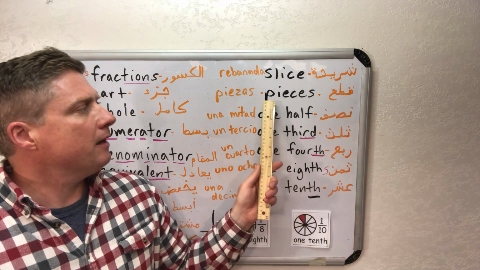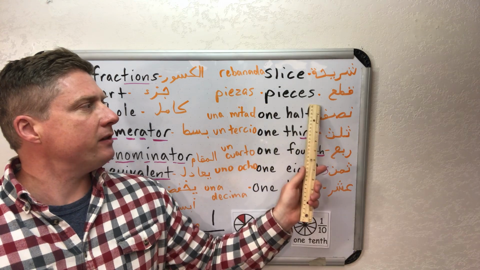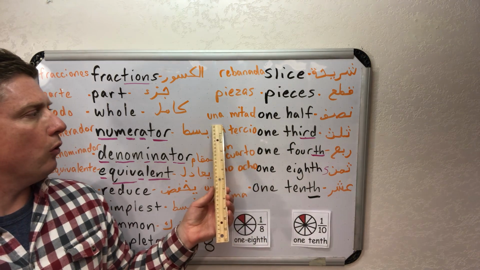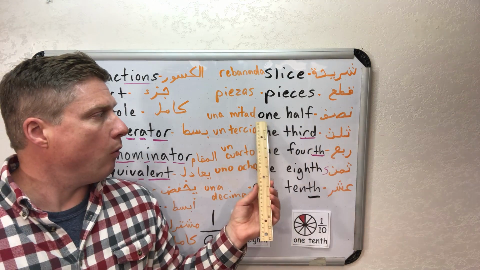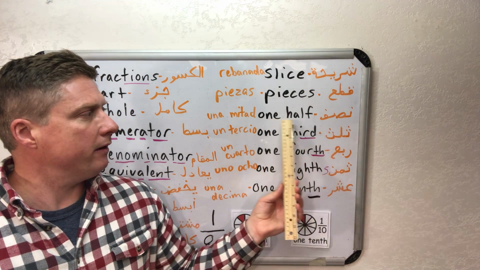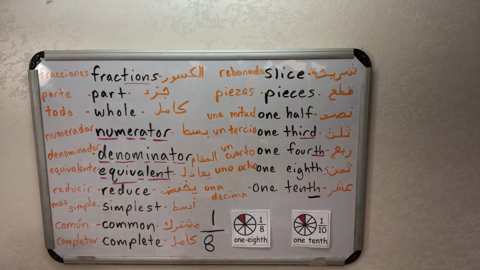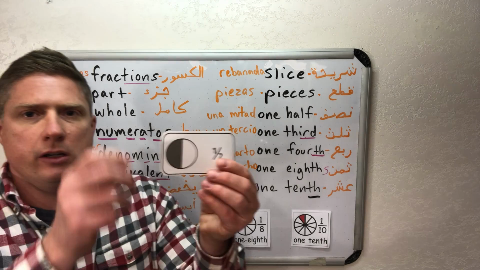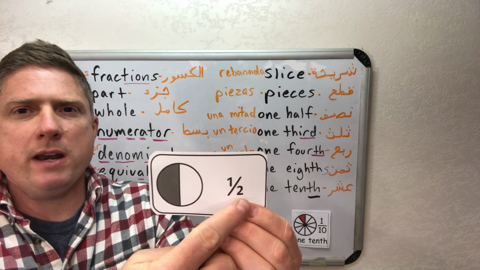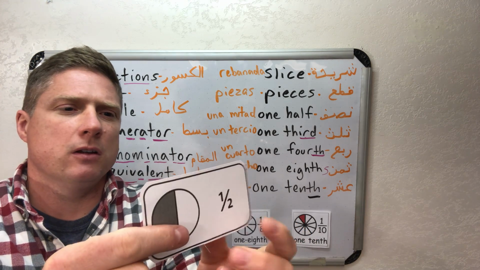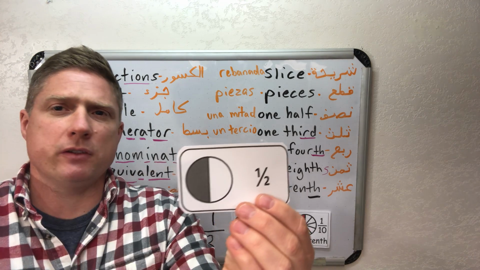Piezas, قطع, pieces, pieces. Una mitad, nus. So here we have some fractions. 1/2. Nus, 1/2. I'll show you that. Here's 1/2. Here's the circle, and 1/2 is colored in here.